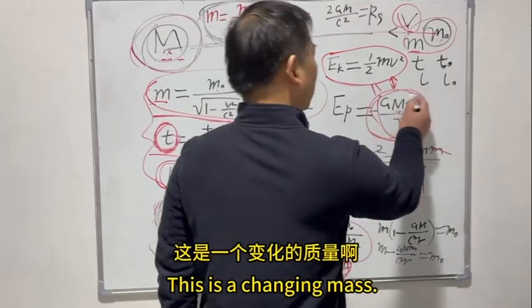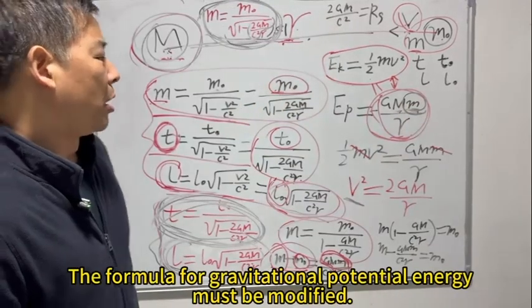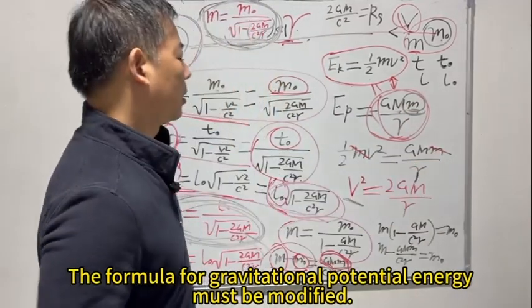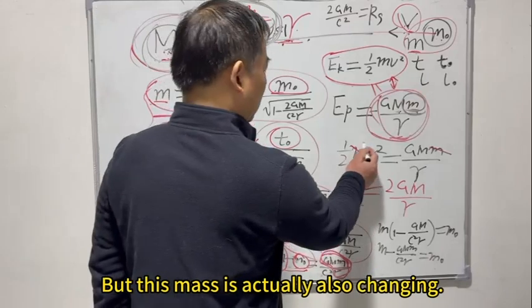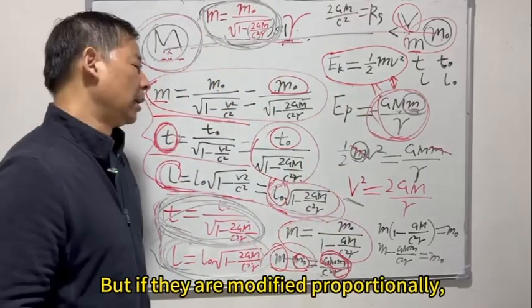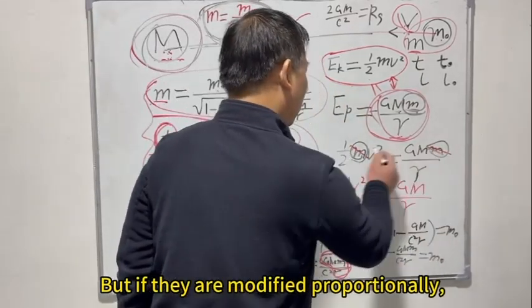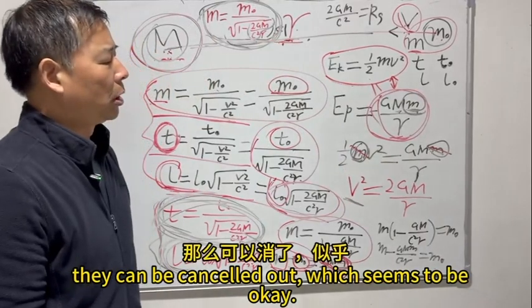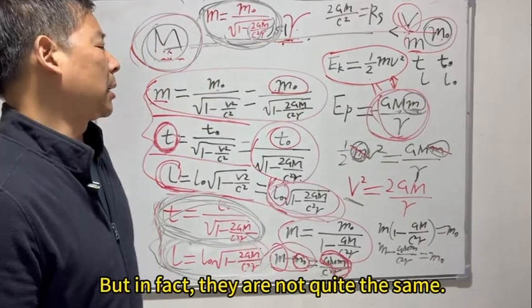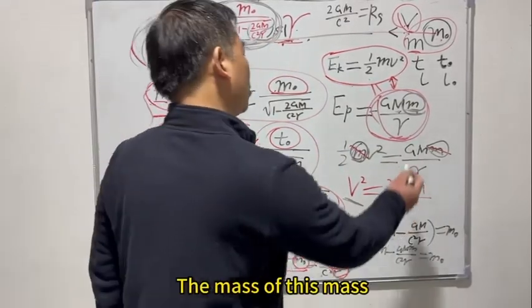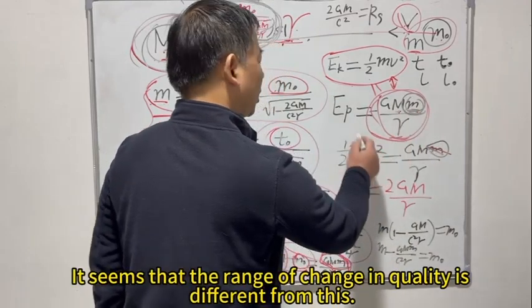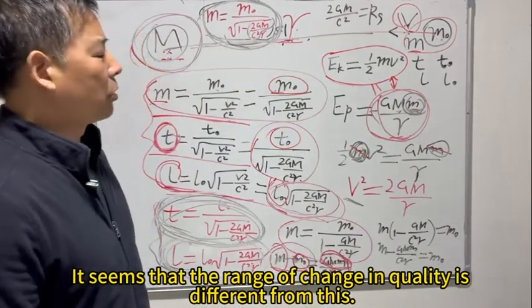But this mass is actually also changing. If they are modified proportionally, they can be cancelled out, which seems to be okay. But in fact, they are not quite the same. The range of change in this mass seems to be different from this.